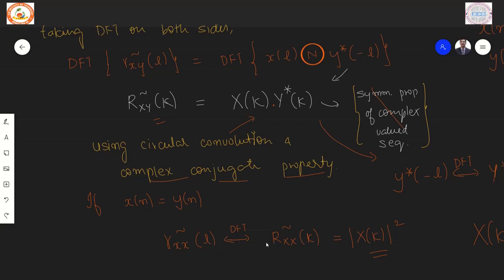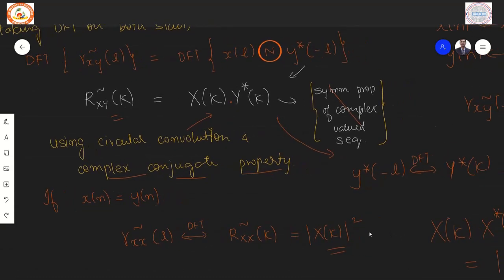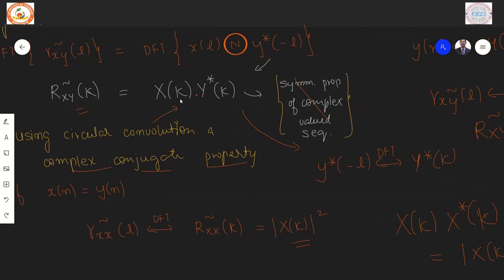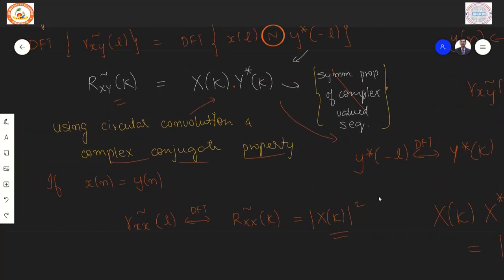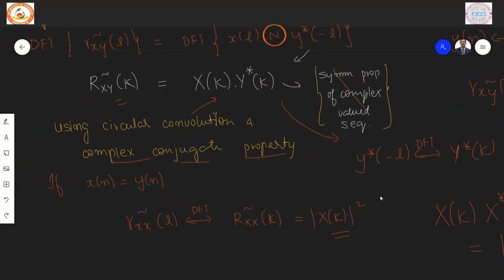And its DFT becomes Rxx cap of k, which should be same as x of k magnitude square, because it becomes a multiplication of x of k with x conjugate of k. This is same as taking the magnitude of x of k the whole square. So this is the result that we obtained from the correlation property.